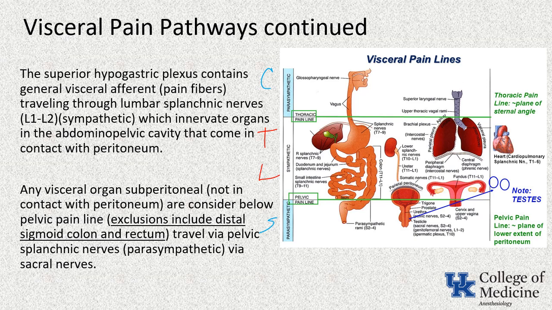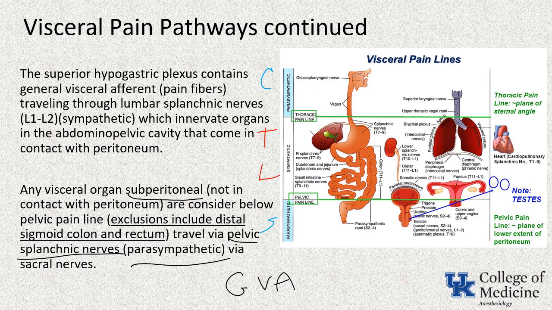So any visceral organ that is subperitoneal, which means it is not in contact with the peritoneum, these pain fibers, the general visceral afferent fibers that are subperitoneal, travel via pelvic splanchnic nerves through the parasympathetic pathway.